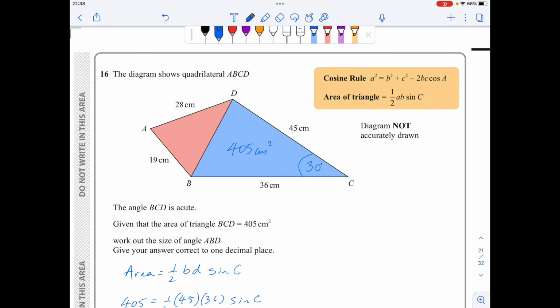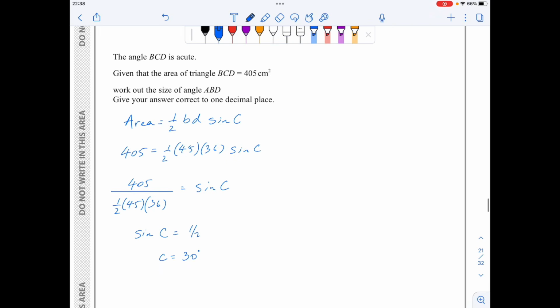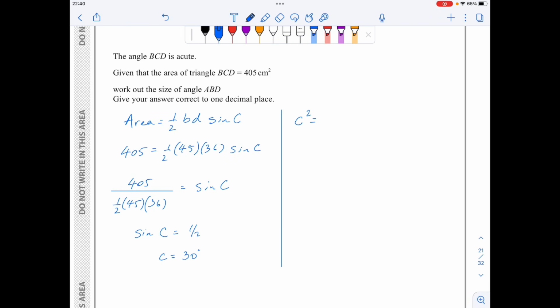I'll continue working on the blue triangle, and I'll use the cosine rule to find BD. So the formula becomes c squared is equal to b squared plus d squared minus 2bd cos of C. Let's put in the values.